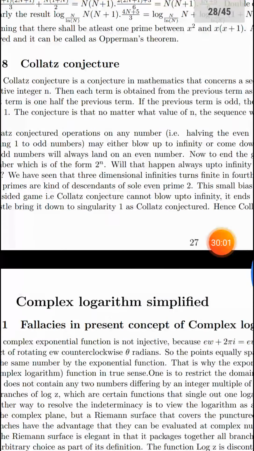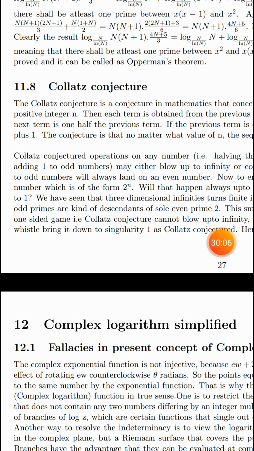Collatz's conjecture. So here it's a game kind of thing, which starts with any random number, and Collatz has prescribed two different operations for two different kinds of numbers. If it is odd, it should be multiplied by 3 and subsequently added to 1, and if it is even, it should be straightaway halved.